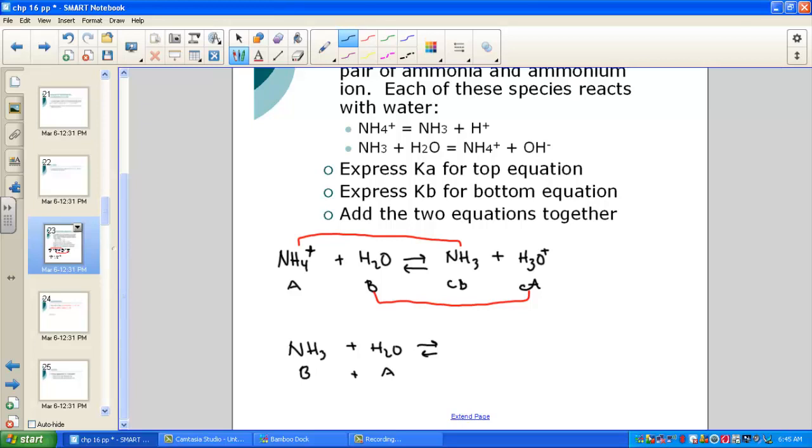Water in one condition is acting as a base, and in the second condition is acting as an acid. The conjugate pairs: ammonium, the conjugate acid of ammonia, and of course hydroxide, the base ion, the conjugate base of water. So a little Bronsted-Lowry review to set up the relationship between Kas and Kbs.